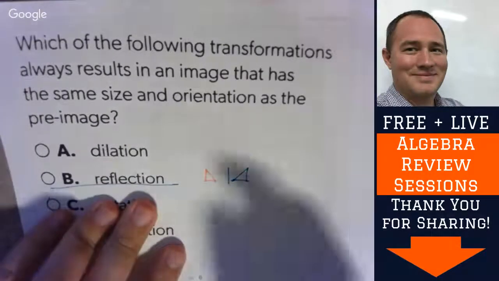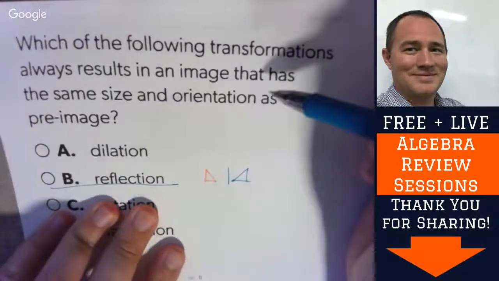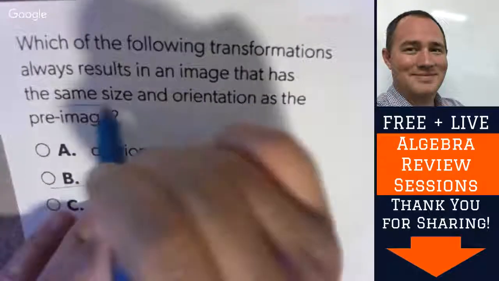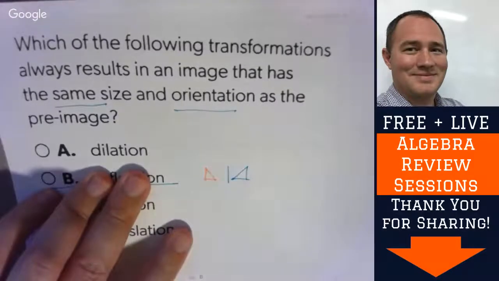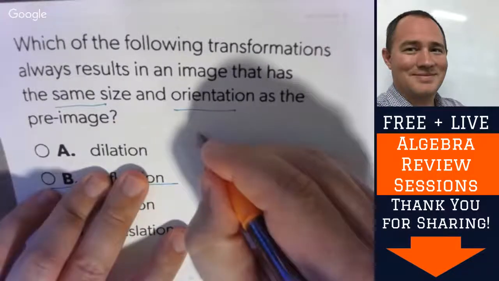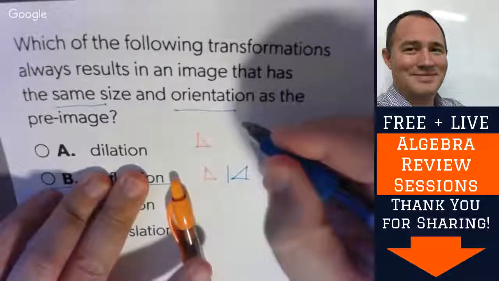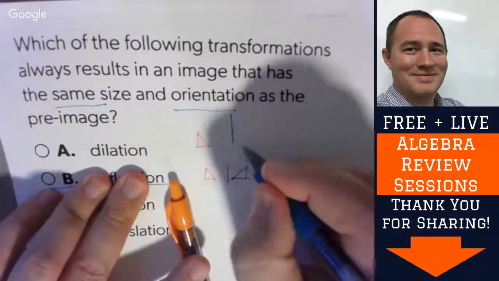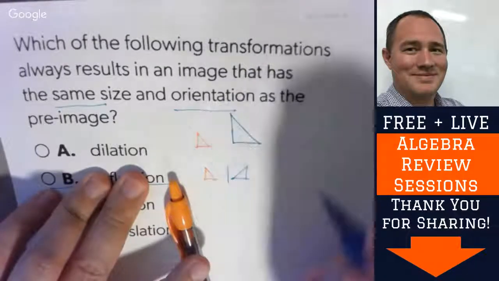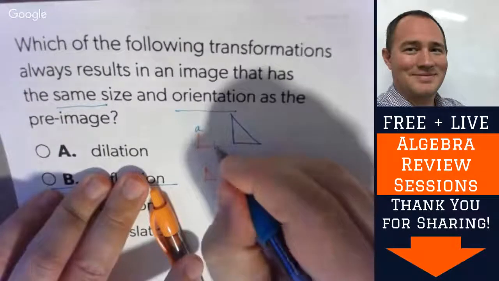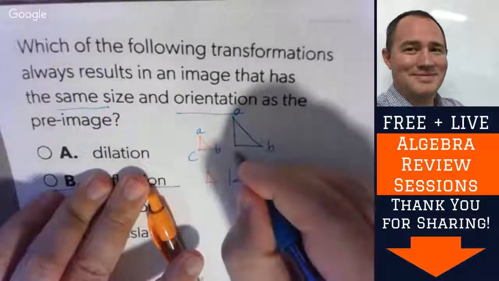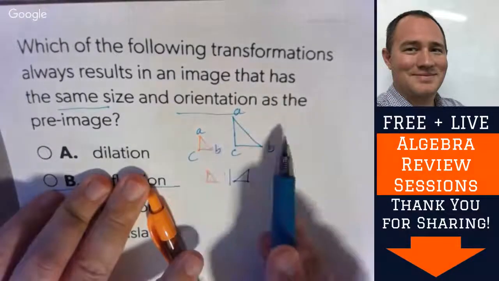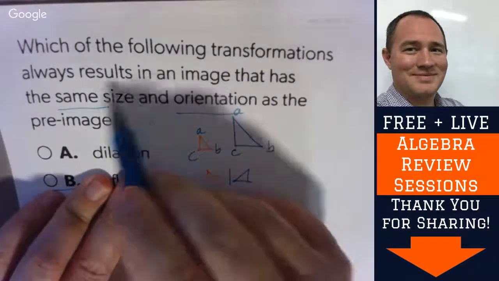Dilation, so which of the following always results in an image that has the same size and orientation? It's almost easy to say, hey, maybe a dilation looks like it would have the same orientation, right? If we blew that up bigger, if we walked around A, B, C, it's the same orientation, but not the same size.